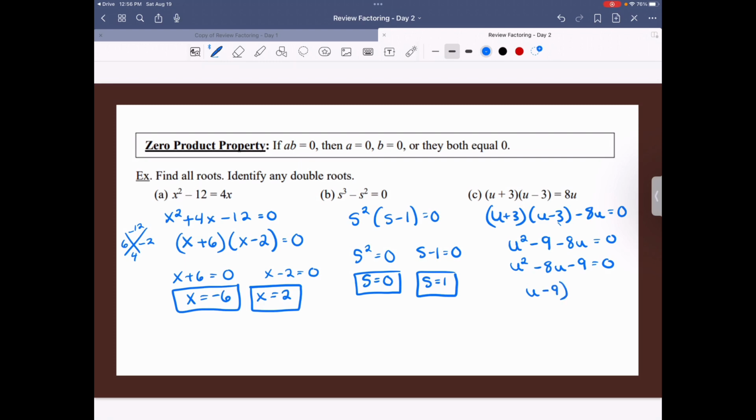Negative 9 and positive 1. Set these both equal to 0 because each factor would equal 0, or one of them has to equal 0 for the product to be 0. U equals 9 and u equals negative 1.